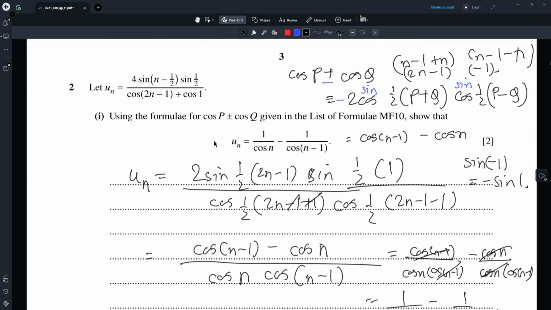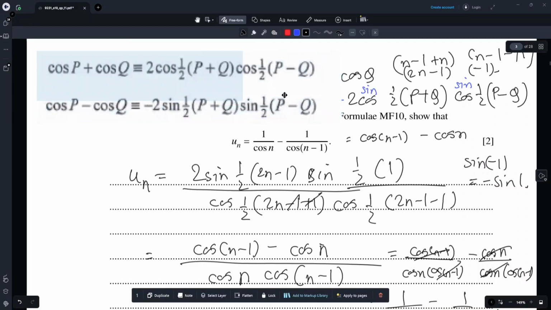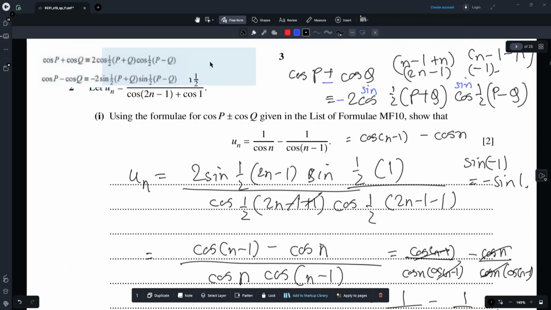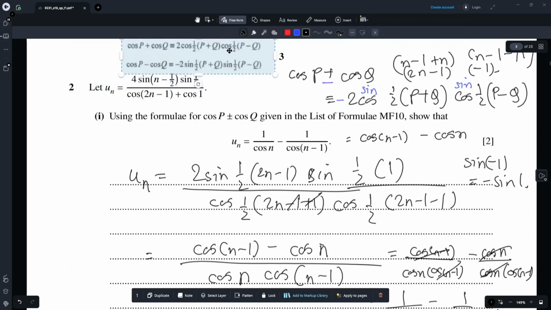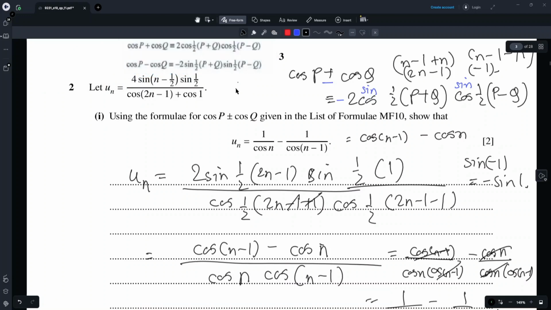So what I've done here is that I noticed that if I rely on both of these formulae, then I look at the formula booklet. If you notice, the bottom one is pretty easy because I have a plus here.